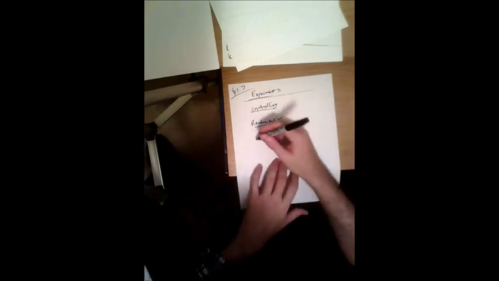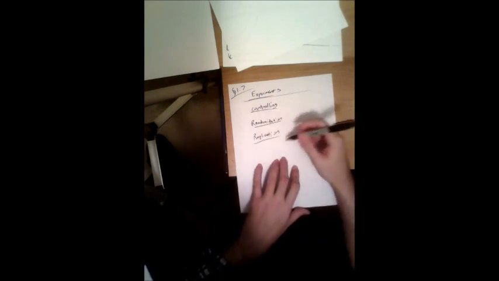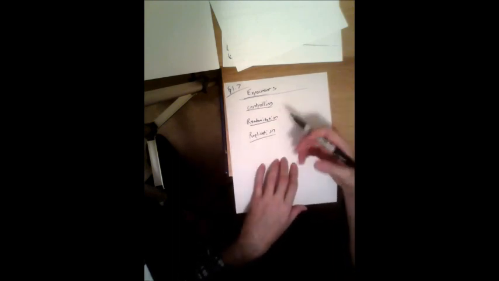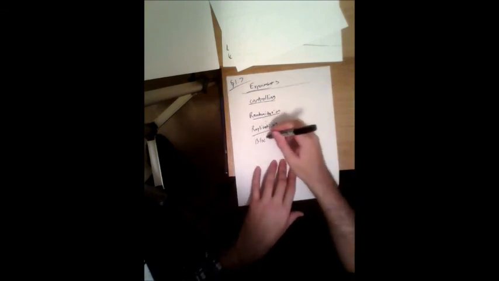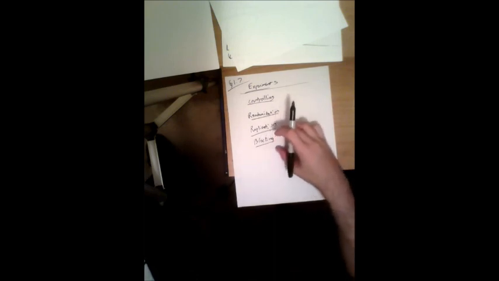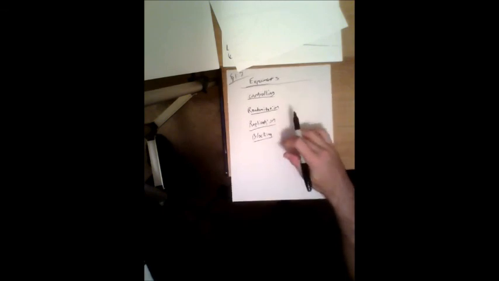Let's see, replication. The idea is the more we have, the better. It's as simple as that. The more we have, the more accurate we can say things. Blocking. Again, this is just sort of like stratified and cluster sampling. Blocking is just taking into account that it might matter when we're actually doing these tests on these people.